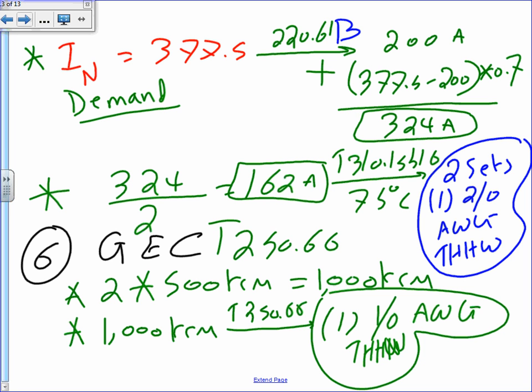No, only one. Okay, piece of cake. Let's make this a W, even though it's not very current. Or bare, it doesn't have to be even insulated.